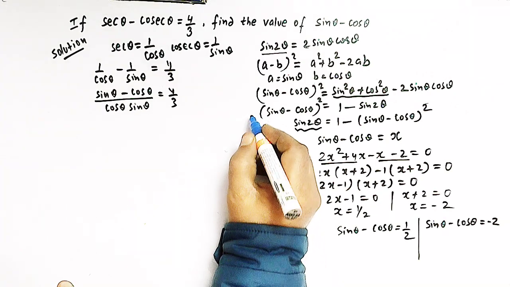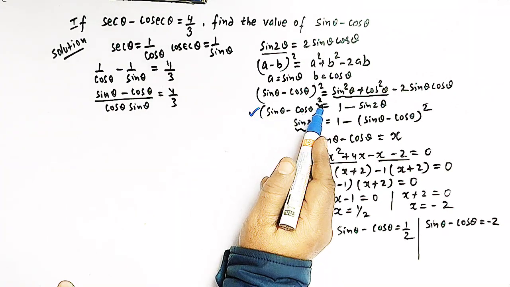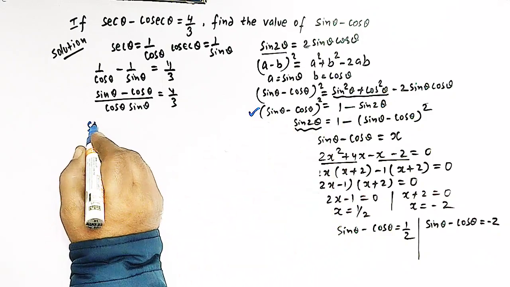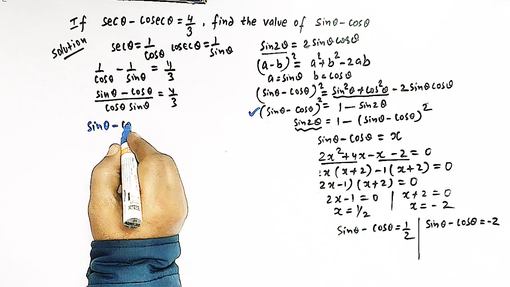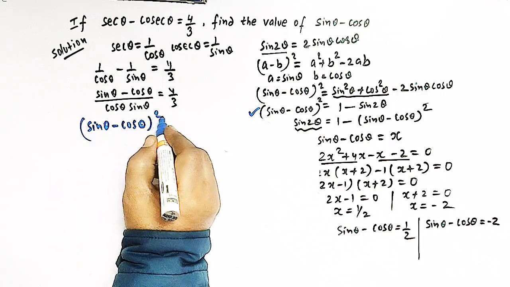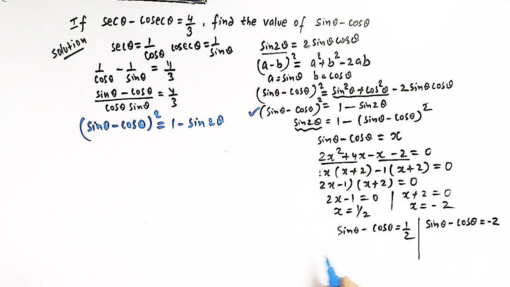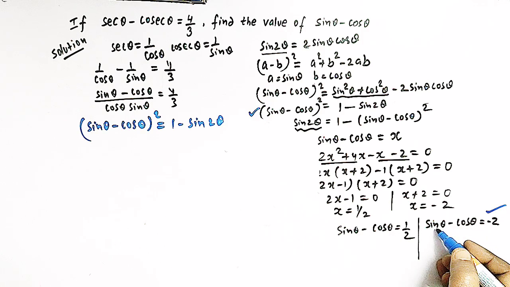So now we have just seen that (sine theta minus cos theta) squared is equal to 1 minus sine 2 theta. So here let us write again this expression, 1 minus sine 2 theta. Let us first see this one. Here we have sine theta minus cosine theta is equal to minus 2. So here we are actually verifying whether the difference of sine theta and cosine theta is equal to minus 2 or not, right?